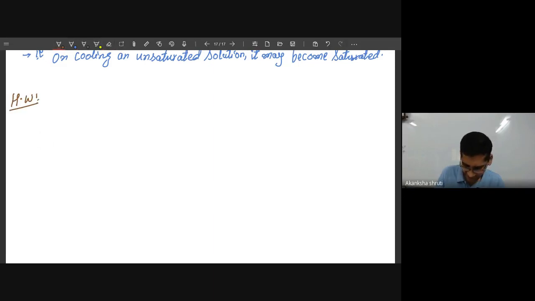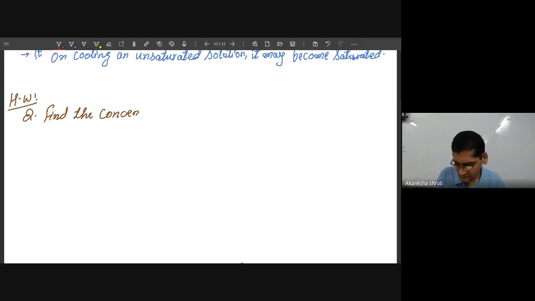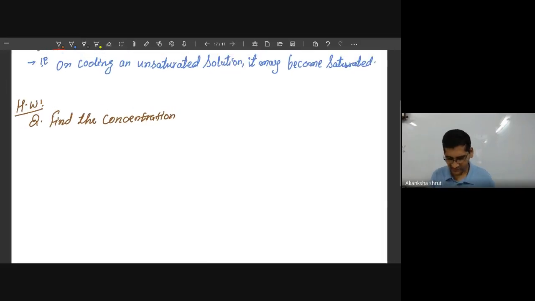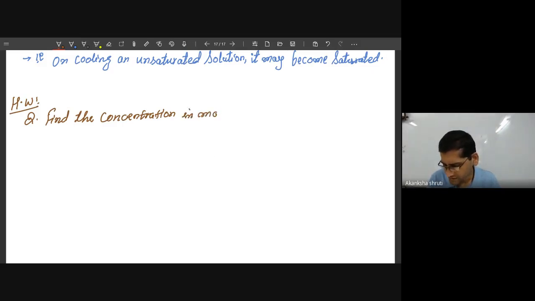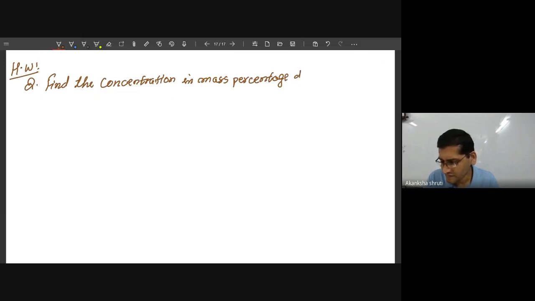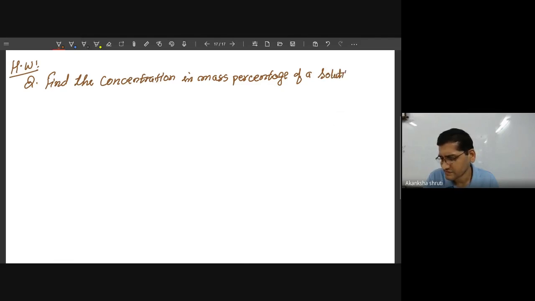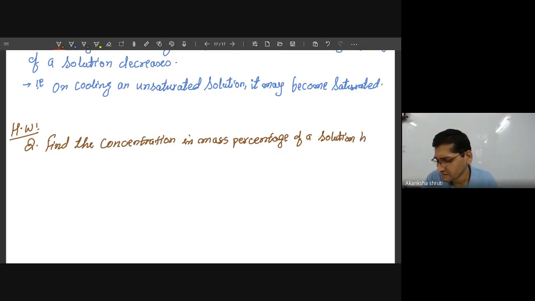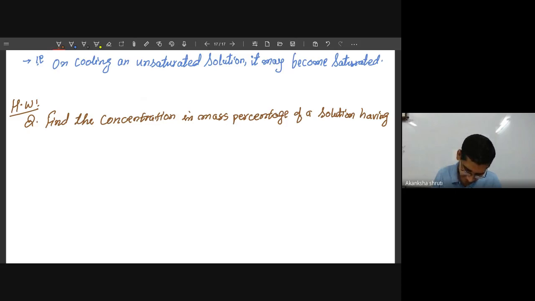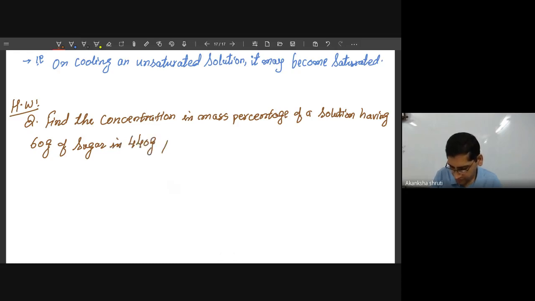So write down the homework. Find the concentration in mass percentage of a solution having 60 gram of sugar in 440 gram of water.